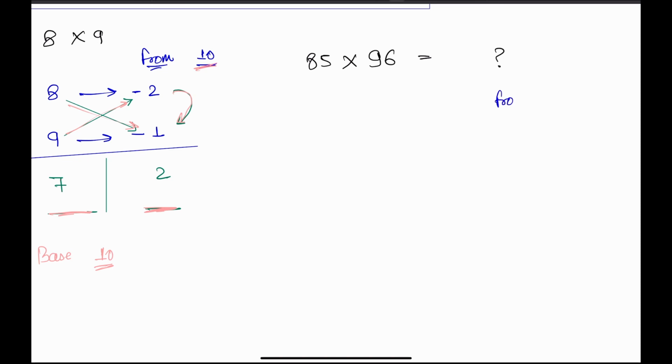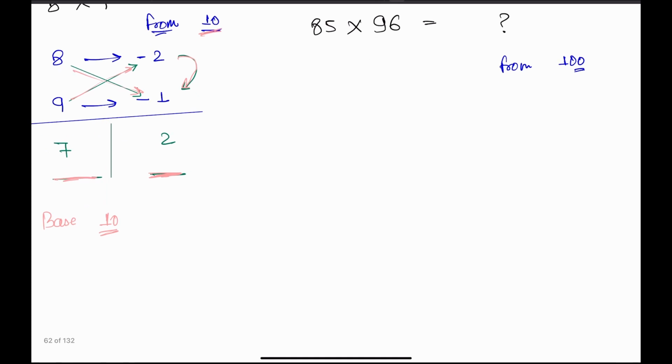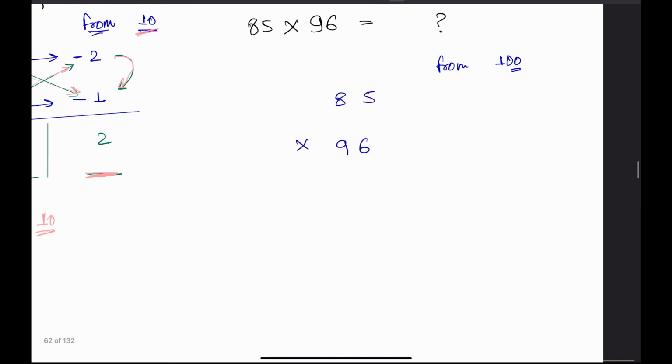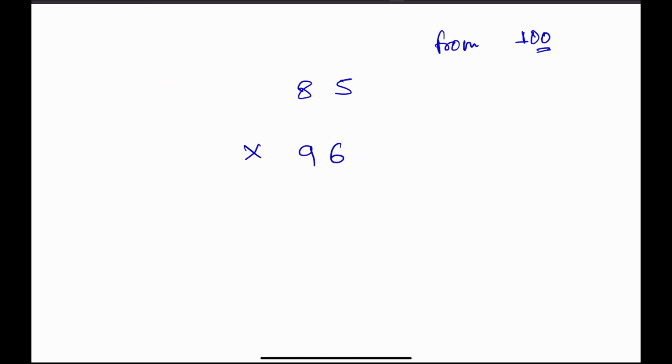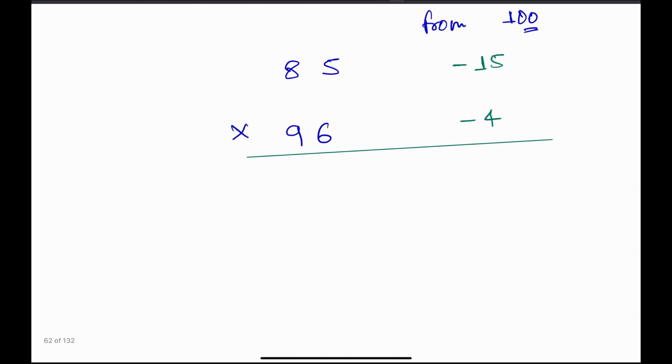So let's write this question from base 100, and typically in the same format we have been following: 85 into 96. Again, what is the difference from 100? 100 minus 15 is 85, and 100 minus 4 is 96. Done. And as we know, this is base 100.